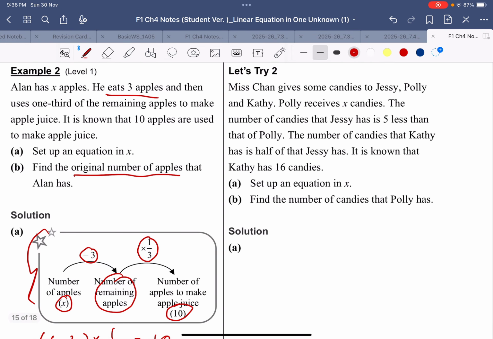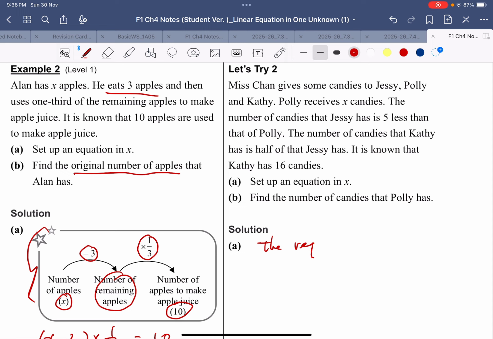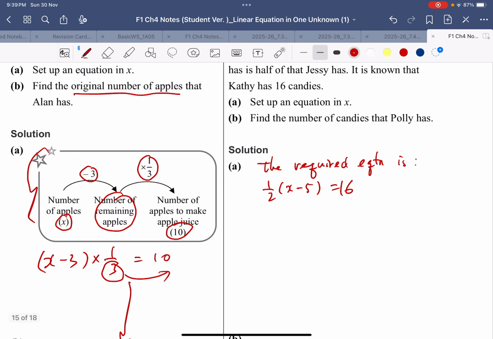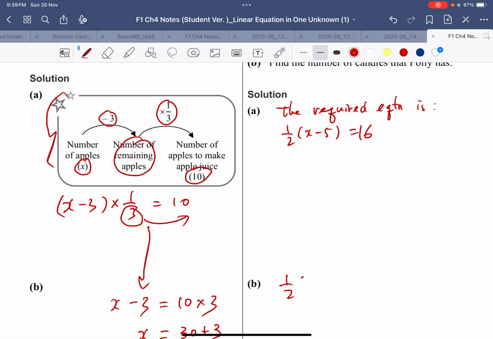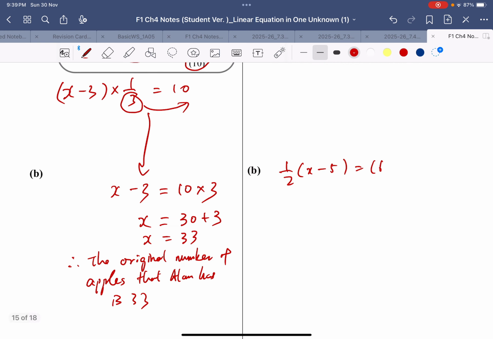Okay, let's try 2. Pause it, think about it, and set up the equation in x. Okay, the required equation is half x minus 5 equals 16. That's the required equation. And solve this. So solve it for x.